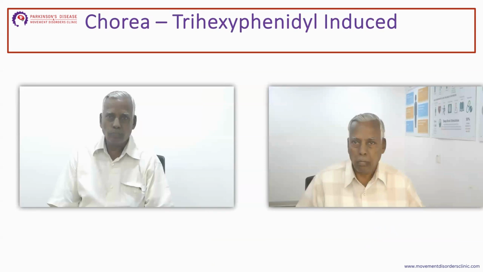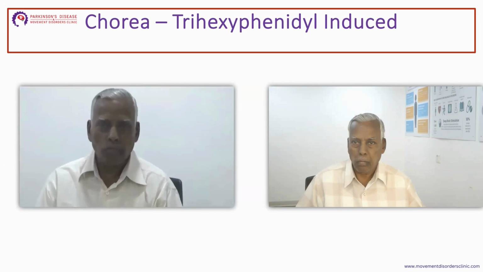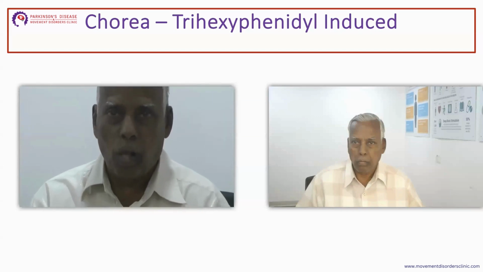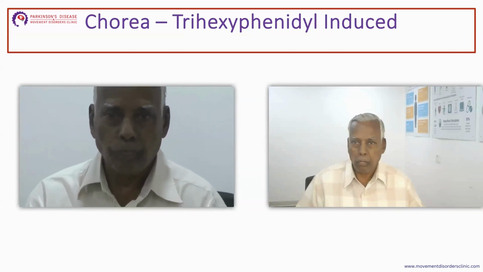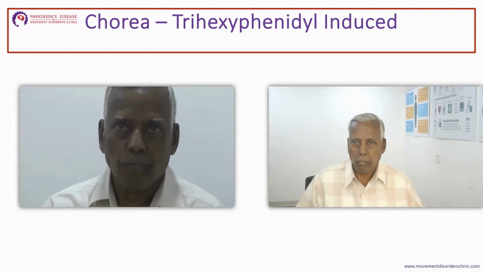Even the most common drug we use for management of movement disorders, especially trihexyphenidyl. People have been treated with trihexyphenidyl, for example, for tremors, as in this case. Tremors are better, but the patient now comes with a complaint of orolingual dyskinetic movements or orolingual choreic movements.